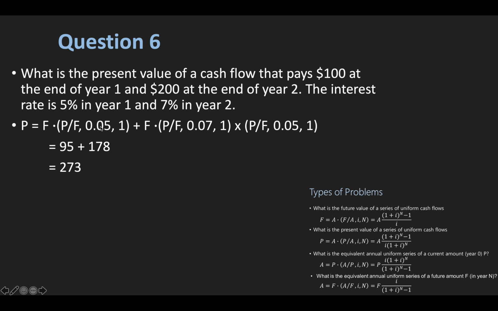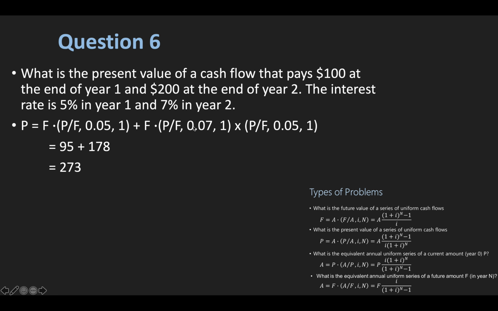So this is easy. This part is a little bit tricky because the second cash flow is on year 2. It's still a future value, $200, right? So we need to convert that back. Now, because the 2 years' interest rates are different, we need to convert back one by one. So first thing we're doing is using this future value, using the second year's interest rate, and we convert back one period.